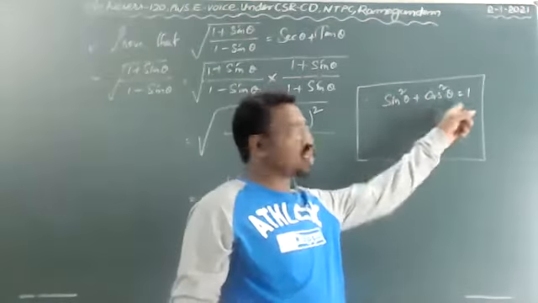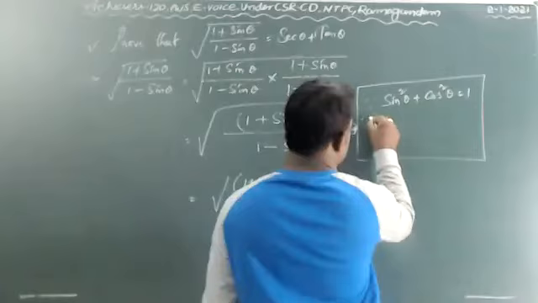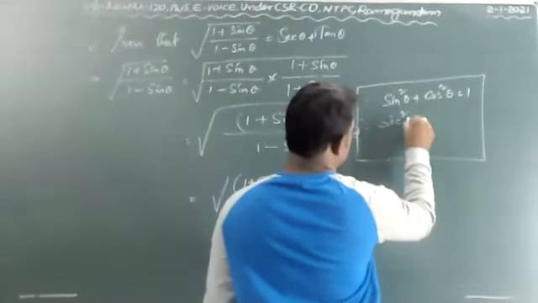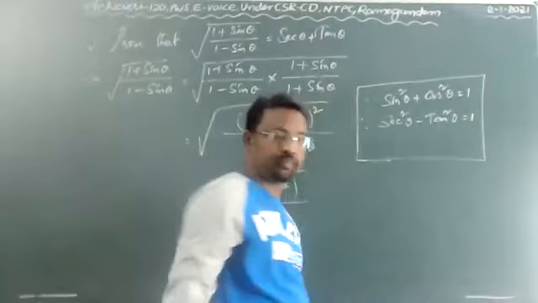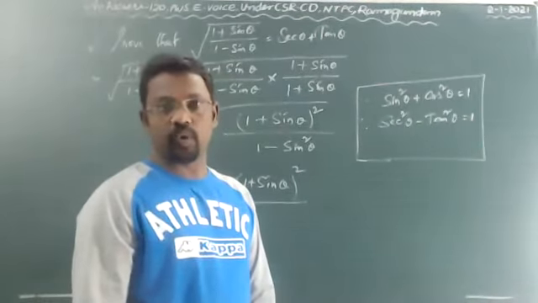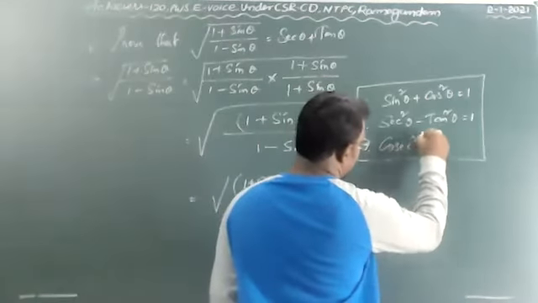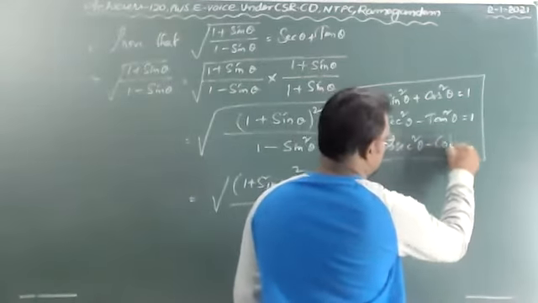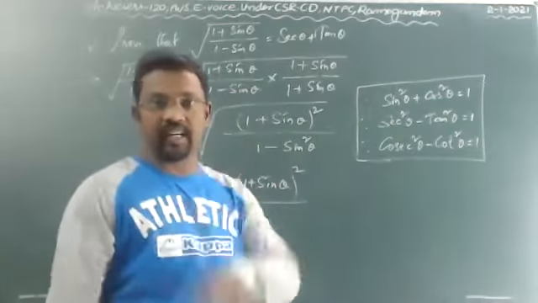Sine square theta plus cos square theta is equal to 1. This is the first identity. The second identity is secant square theta minus tan square theta is equal to 1. Then the third one is cosecant square theta minus cot square theta is equal to 1. These are the 3 identities we have.